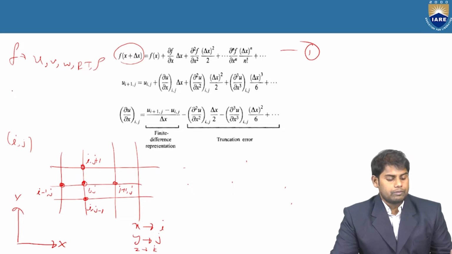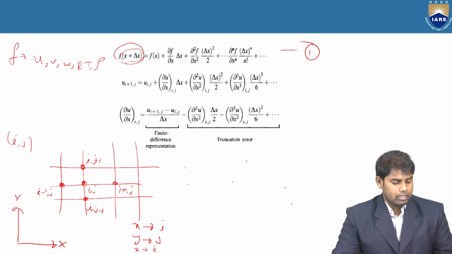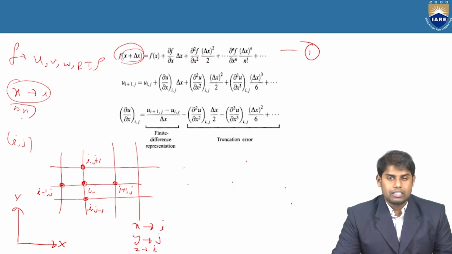Okay, so here if you see the Taylor series expansion, f of x plus delta x. The meaning is, x is nothing but, let's say, an initial position. We have already seen that x is nothing but i, in index notation terminology, which is the initial position, and delta x is nothing but the change.